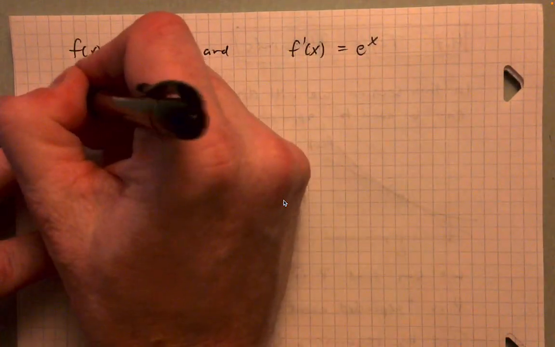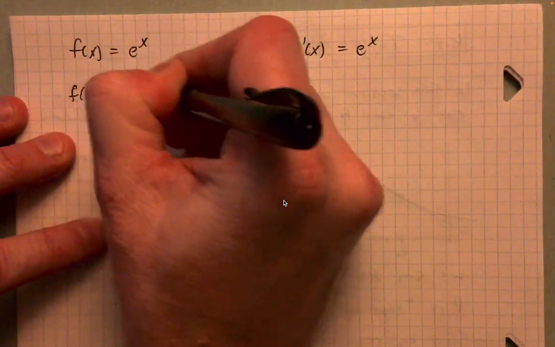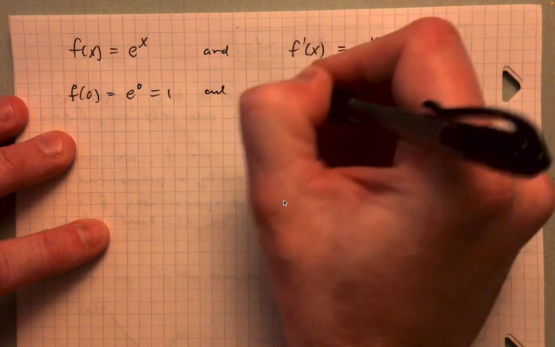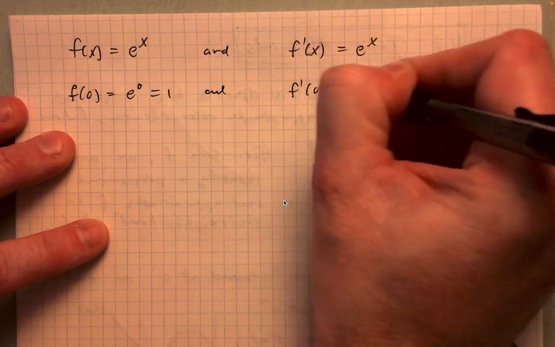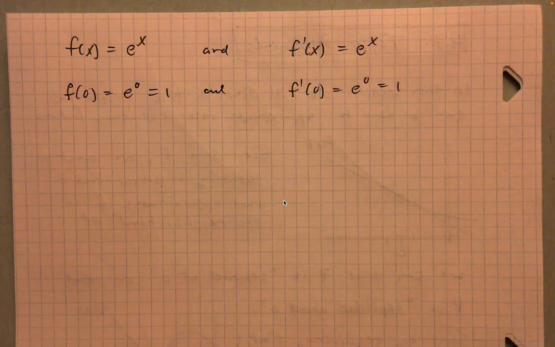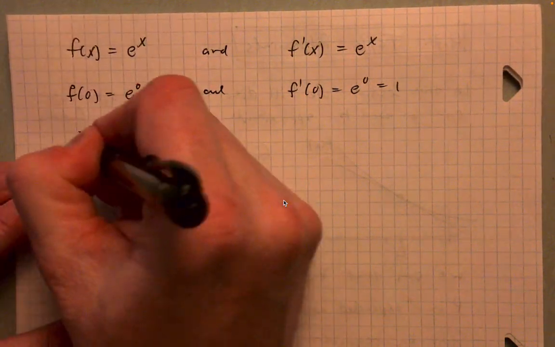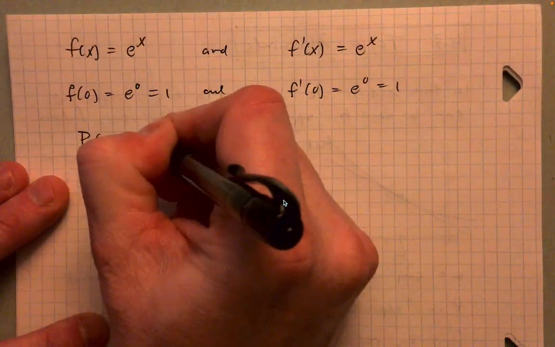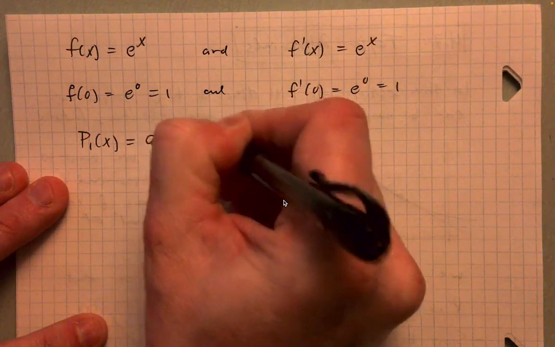Of course, f of 0 equals e to the 0, which is 1. And the same is true for f prime of 0: e to the 0 is 1. So the value of the function and the value of the derivative are the same at x equals 0. Our polynomial P1 of x is equal to a0 plus a1 of x.